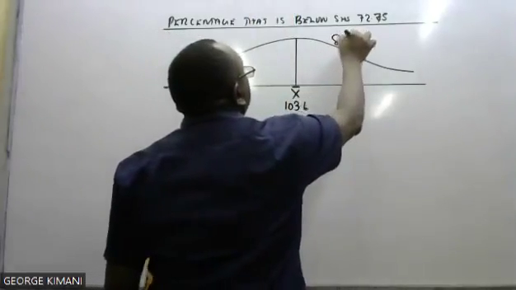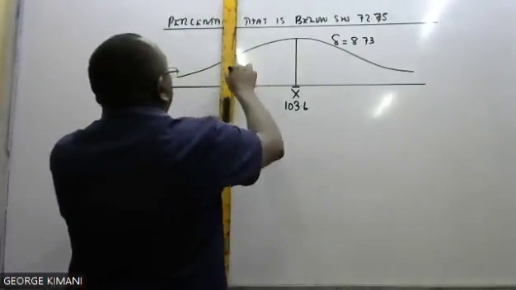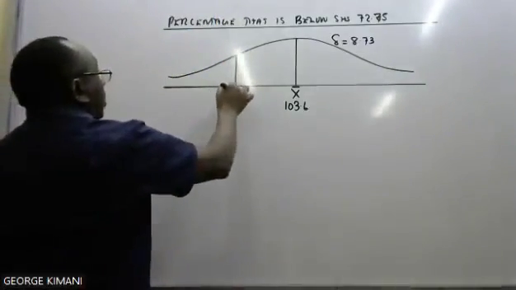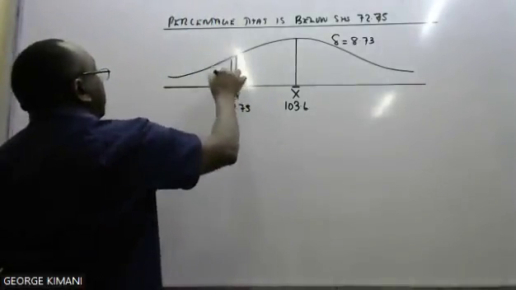Standard deviation is 8.73. So 72.75 huku. X1 is 72.75.